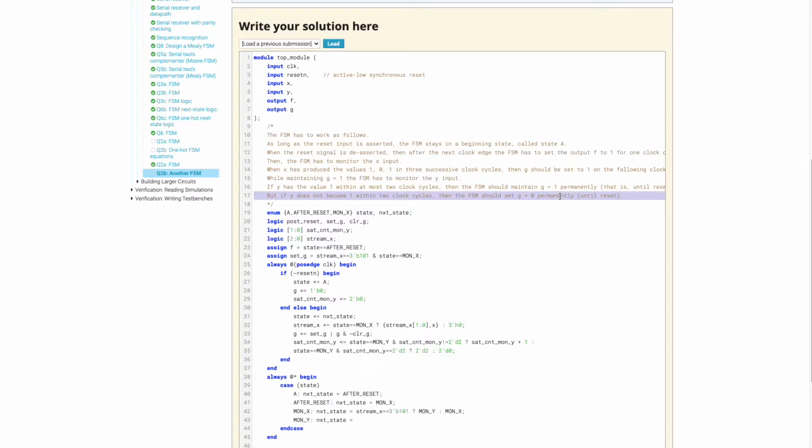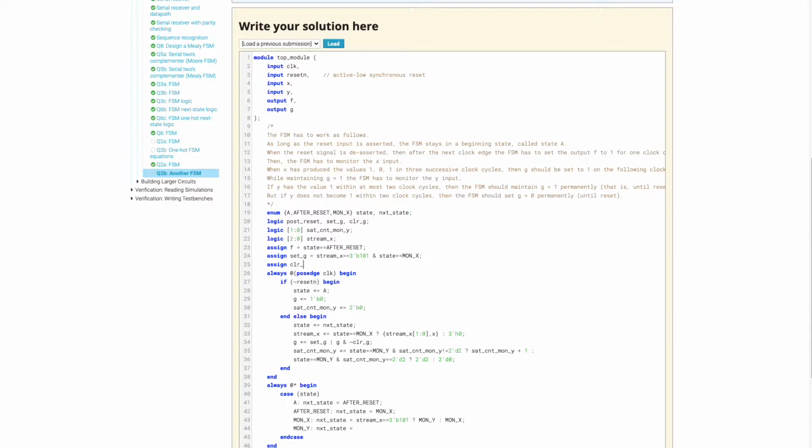So basically, don't touch anything until I want to clear it. So assign clear G is when state equals monitor Y, and there's no state transition from monitor Y other than to reset, which is because of this. Just to be more explicit, we always just stay here.